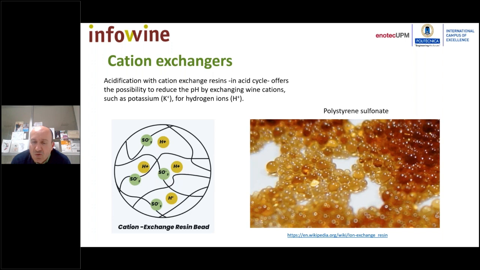So when we pass wine across these resins, the wine releases potassium, calcium, magnesium and other cations, increasing the amount of protons. So we get better acidity.